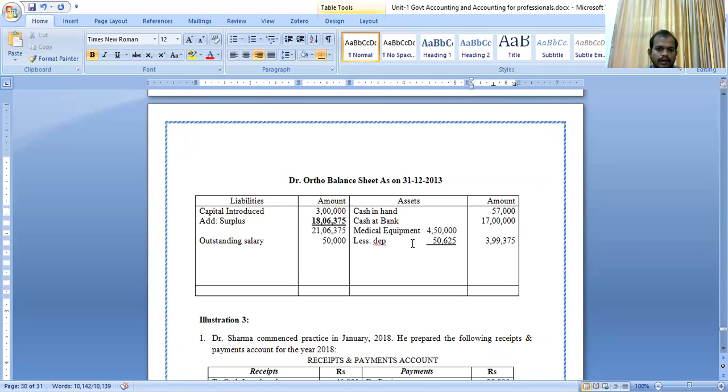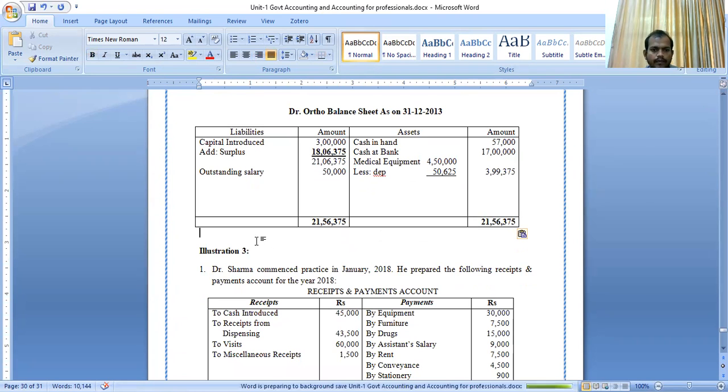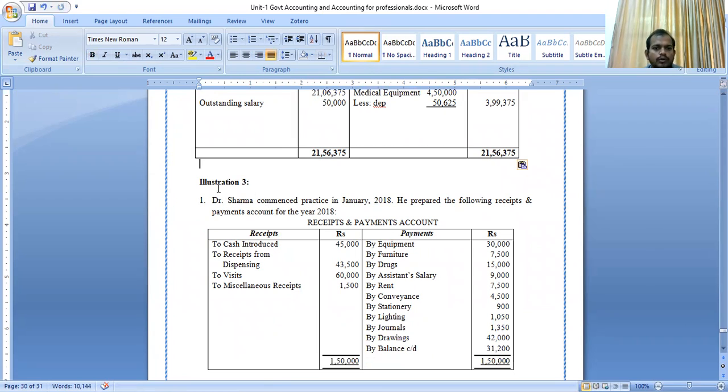That is 21 lakh 56,375 on the liability side, and the asset side as well. So we'll move on to another illustration.